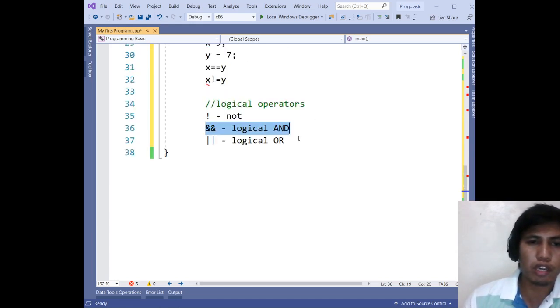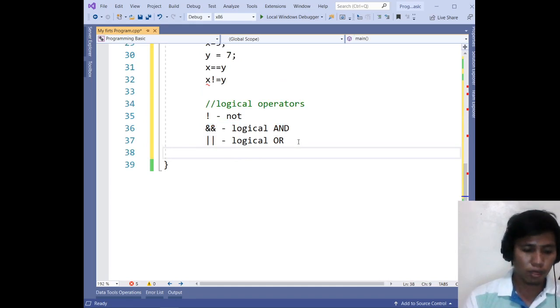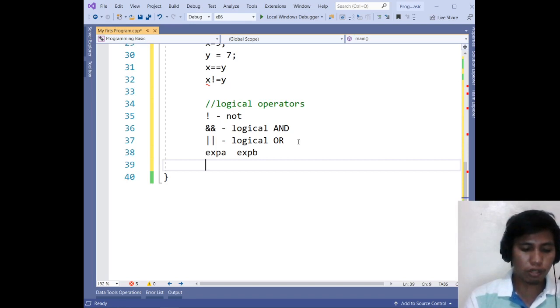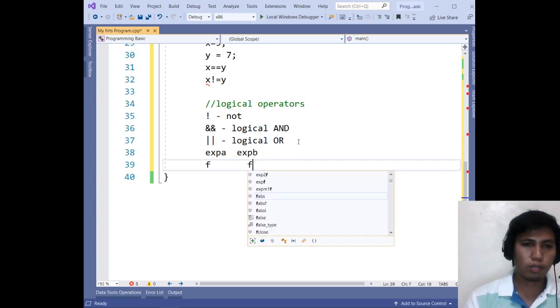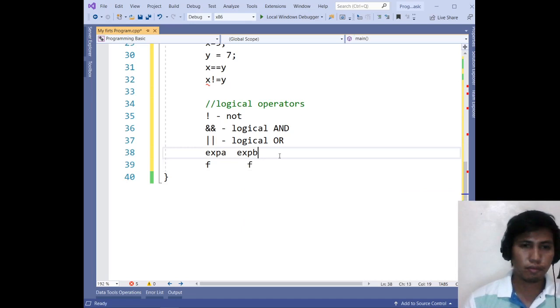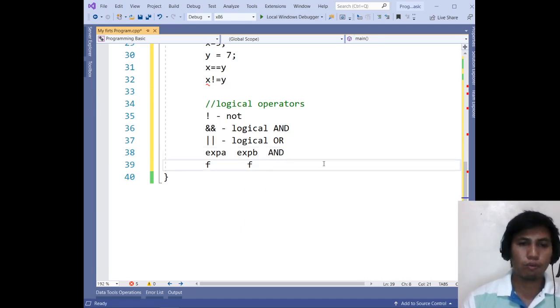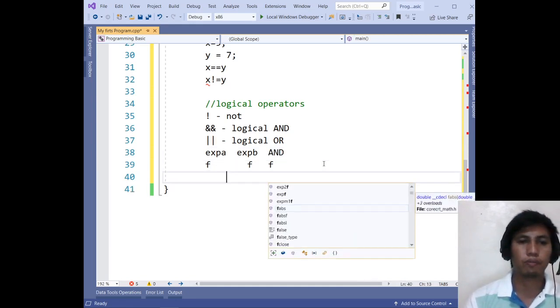When we say two or more expressions, we have, let's say, expression A and expression B. If expression A is false and expression B is false, then the output of AND would be false.